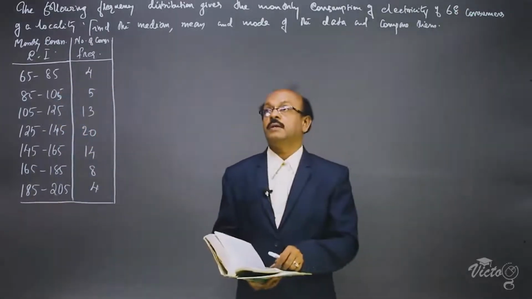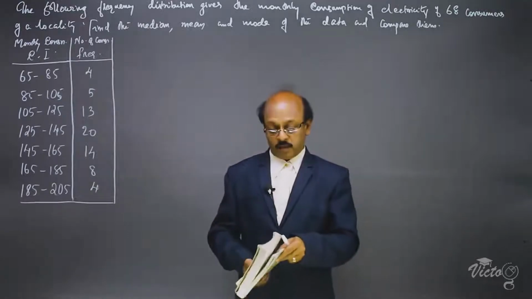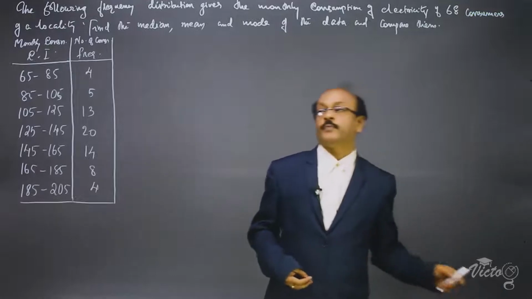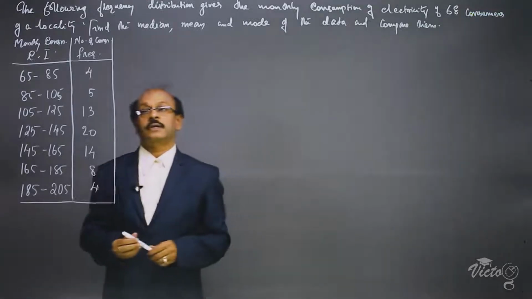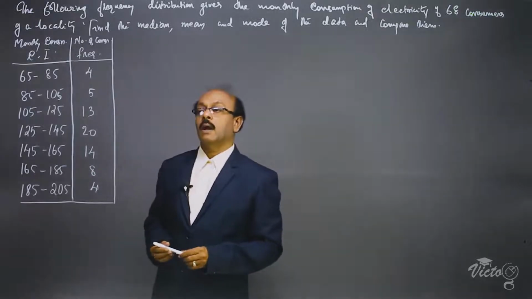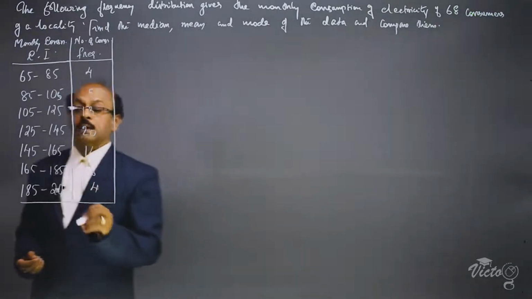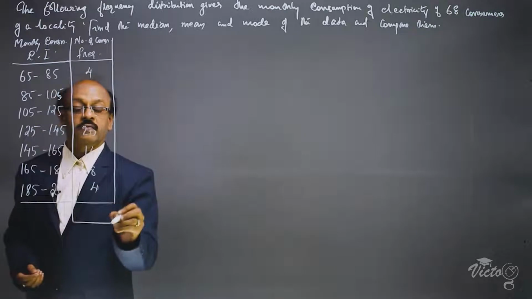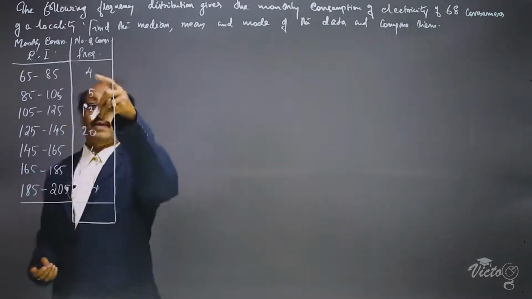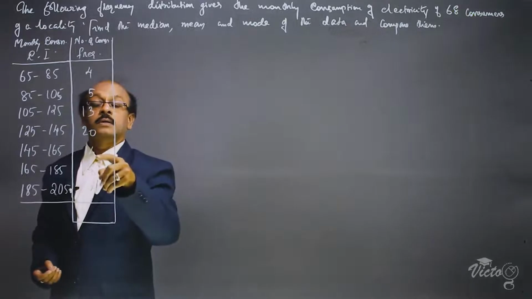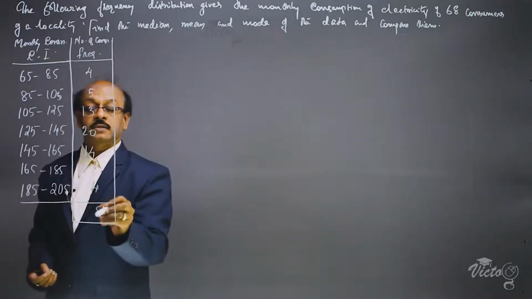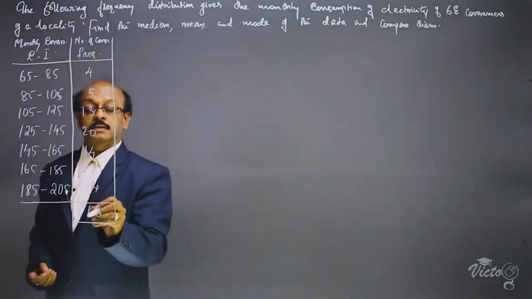We have to find the median, mean and mode. First of all, we are going to find the mode from the given frequency distribution. For that, we have to find the modal class. The total is given in the question as 68 consumers.